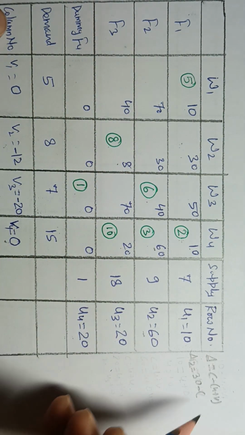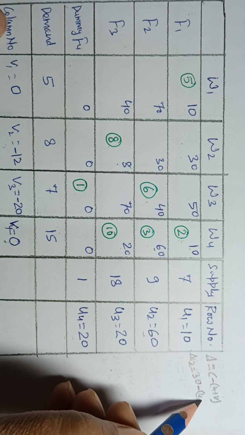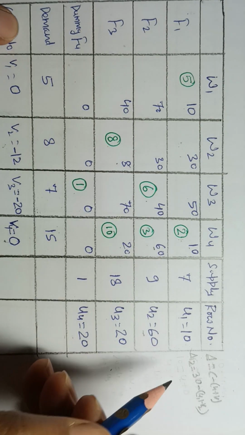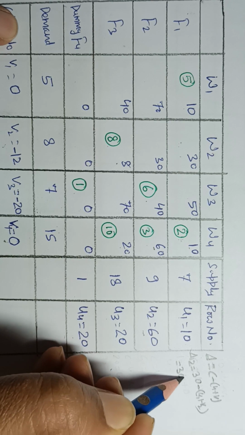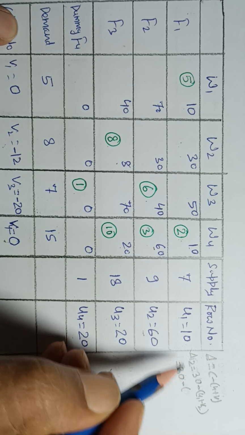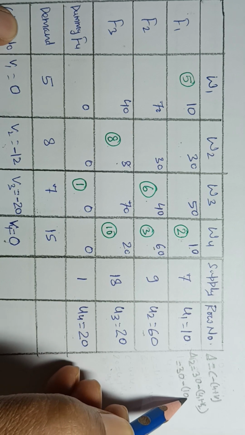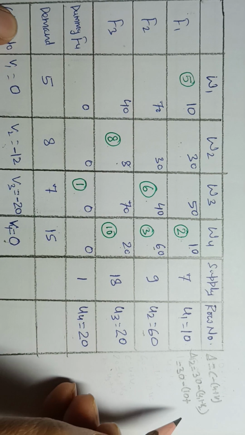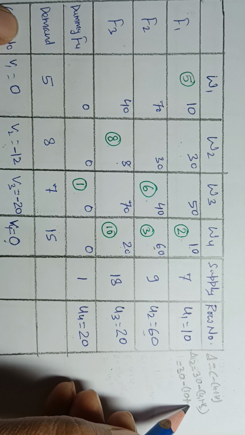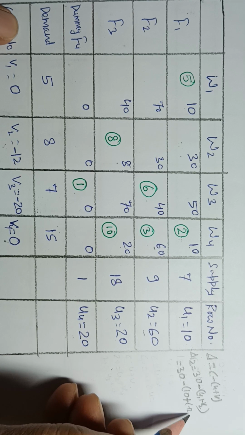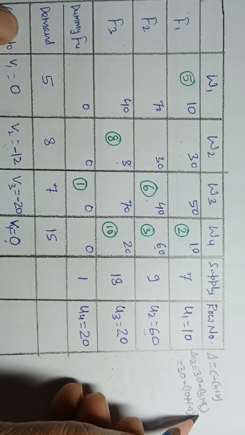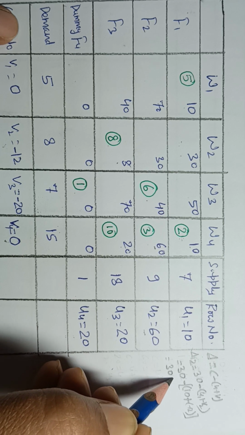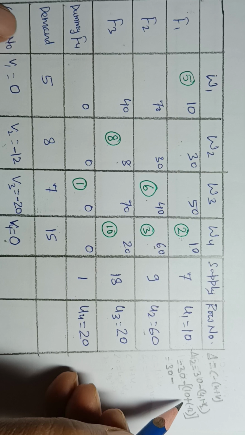So we will take U1 plus V2, and we will find here 30 minus the value of U1, which is 10, plus the value of V2, which is minus 12. So here after solving we will get 30 minus 12 and 10.